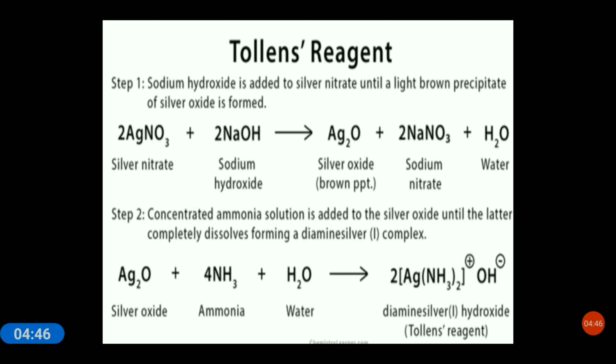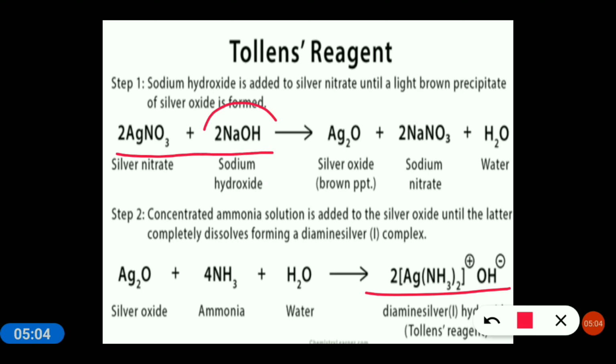First is Tollens reagent. Tollens reagent is an ammoniacal solution of silver nitrate and is prepared by adding NH4OH or NaOH solution to silver nitrate. Instead of NaOH, you can use ammonium hydroxide.